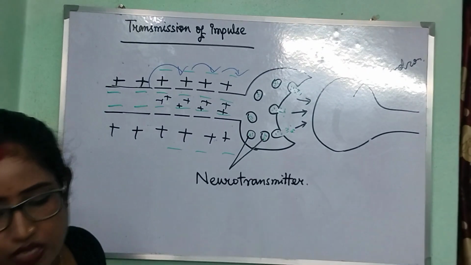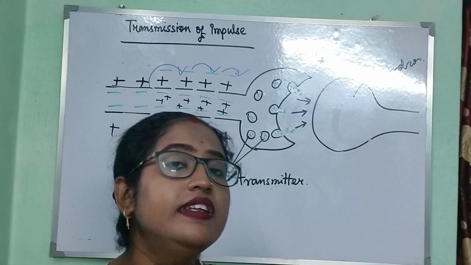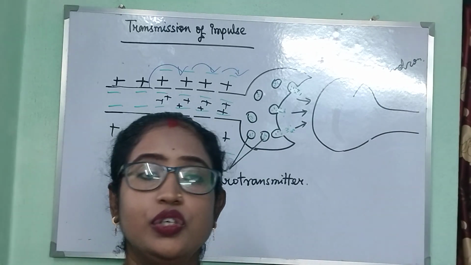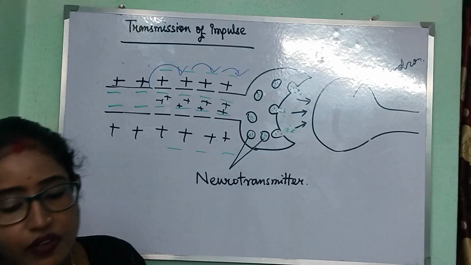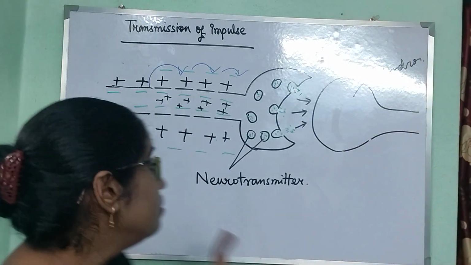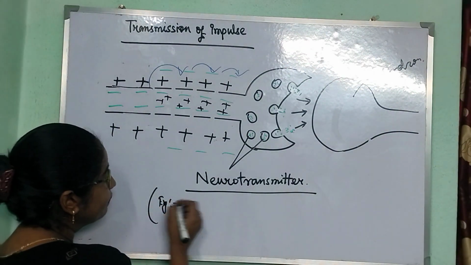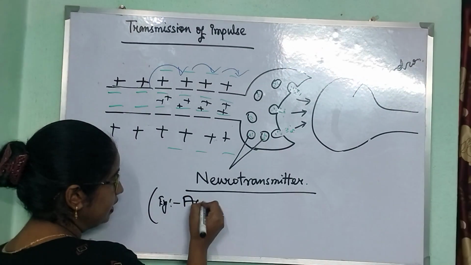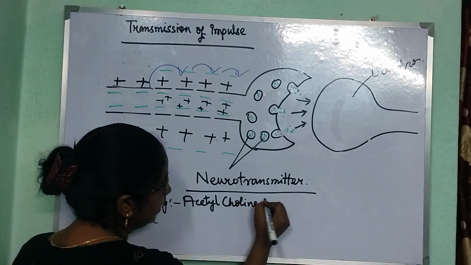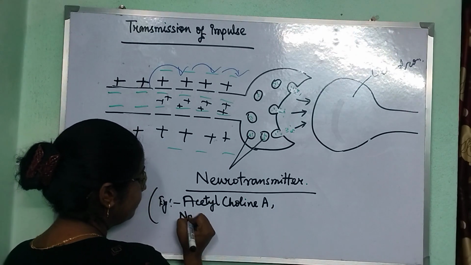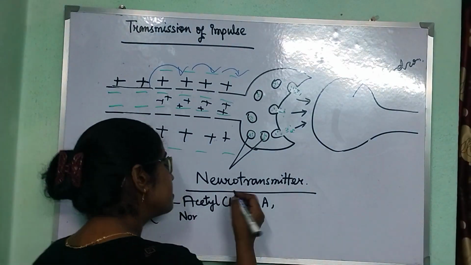These neurotransmitters are located at the end bulb or synapse region of an axon, and they help to transmit the electrical signal from one neuron to another. Some examples of neurotransmitters are acetylcholine, and the noradrenaline hormone also acts as a neurotransmitter.